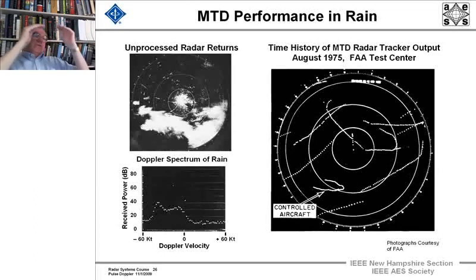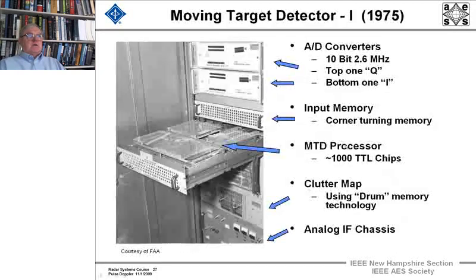They were normalized, of course, for exactly the same power, but the only difference was you have MTD and you have 3-pulse canceller, followed by a non-coherent integrator, and then into the same tracker in parallel. And then you could compare them and see where the differences were. Needless to say, the FAA put this processor into the next generation system, the ASR 9.